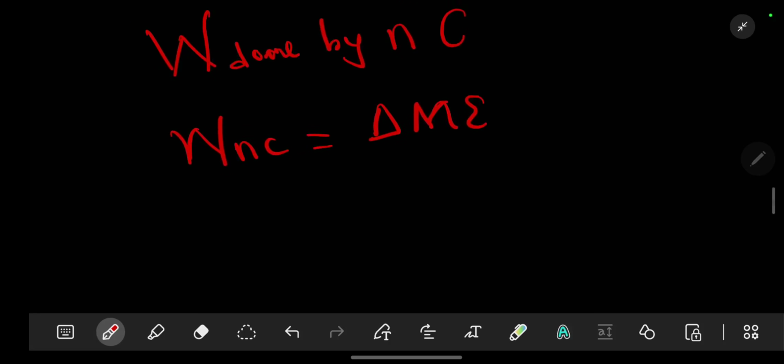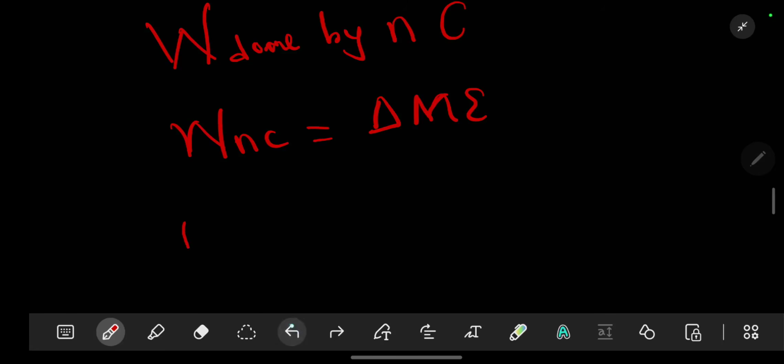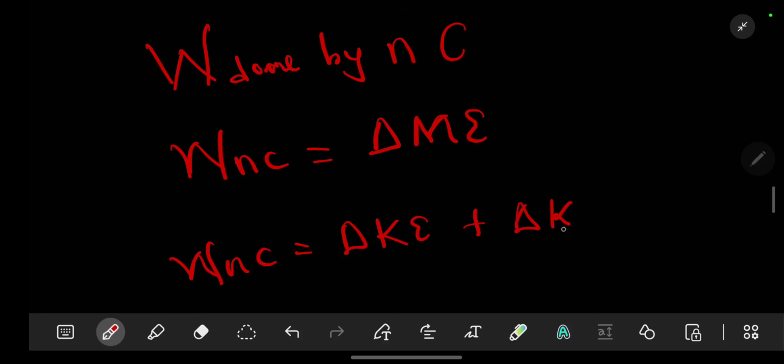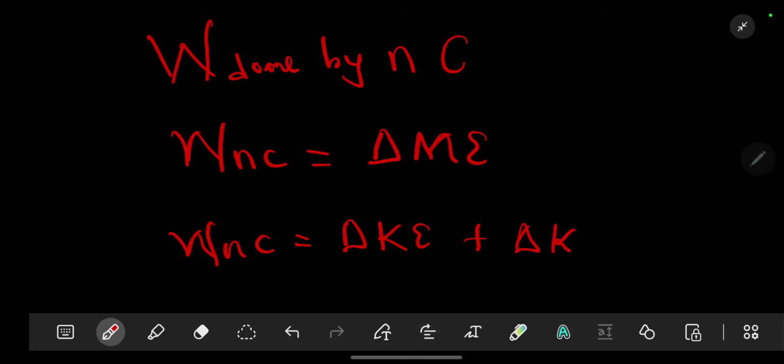Now remember, the mechanical energy is equal to the kinetic energy plus the potential energy, but we have just included change. So this is what we refer to as the change in kinetic energy plus the change in the potential energy.